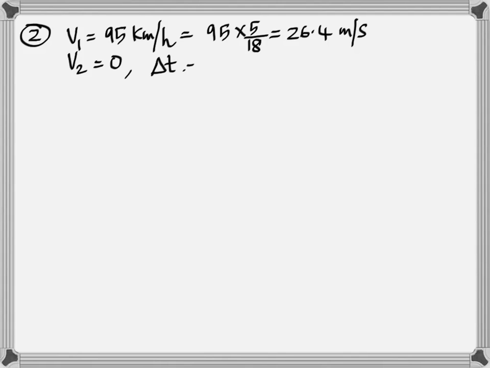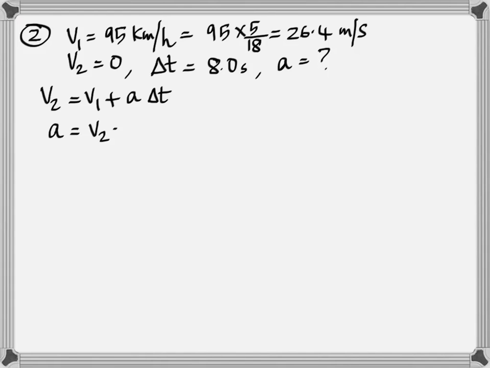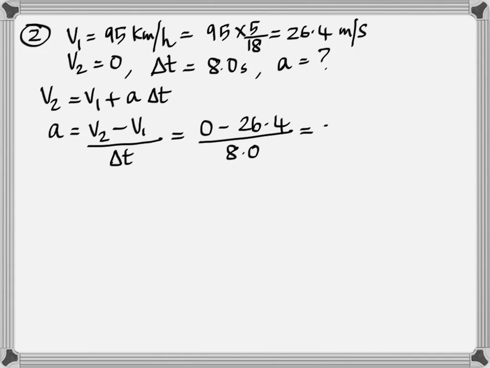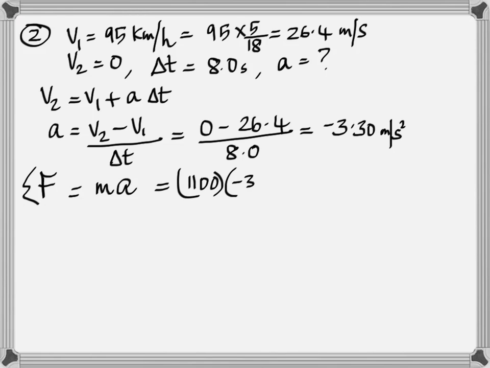Final velocity is 0 times 8 seconds, and you could find the acceleration using that equation. Obviously it's going to be negative because it's slowing down. And then you can calculate the net force just by multiplying that with the mass.